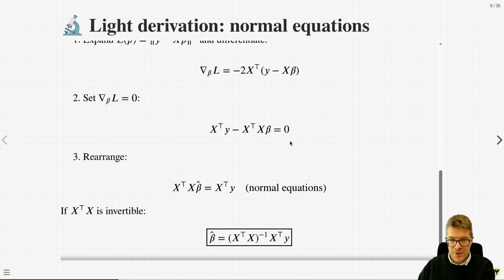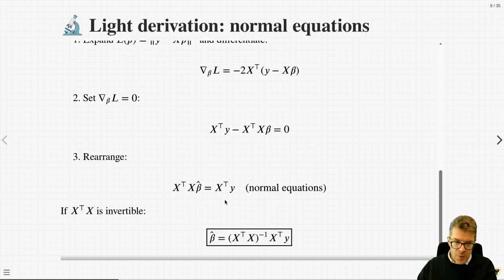So the minus 2 just disappears because I've divided both sides of this equation by minus 2. And then I can rearrange a little bit. I can move this x transpose y to the other side, multiply both sides by minus 1. That gives me this equality.